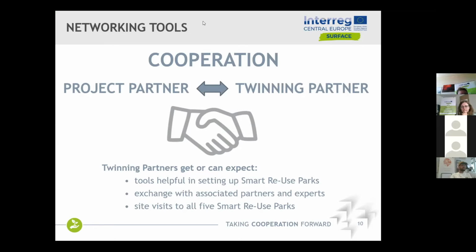Thanks to the twinning, partners have obtained, among others, help in establishing reuse-based waste prevention plans, and tools that have been created during the project and whose goal is to help in setting up the reuse point. Thanks to the twinning, partners also had the opportunity to meet experts from other countries and exchange experience and good practices, including during site visits to already implemented smart reuse parks.